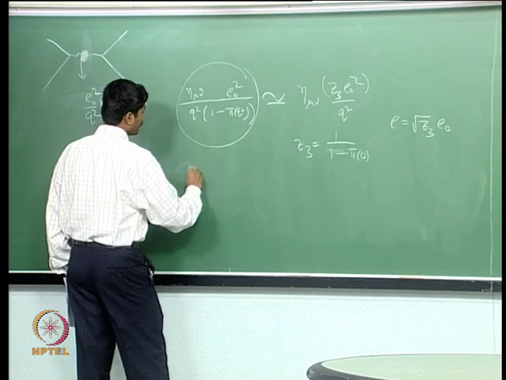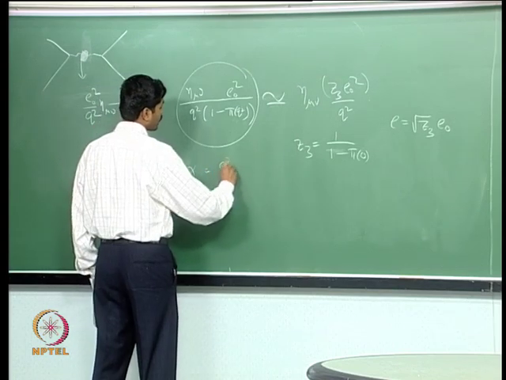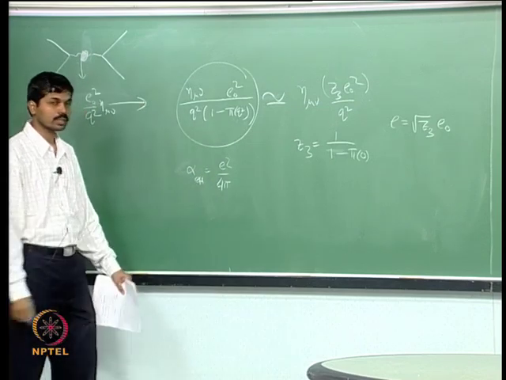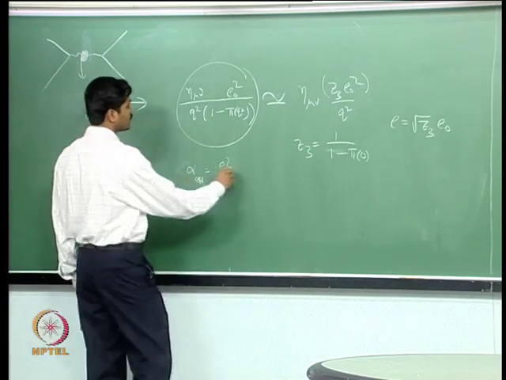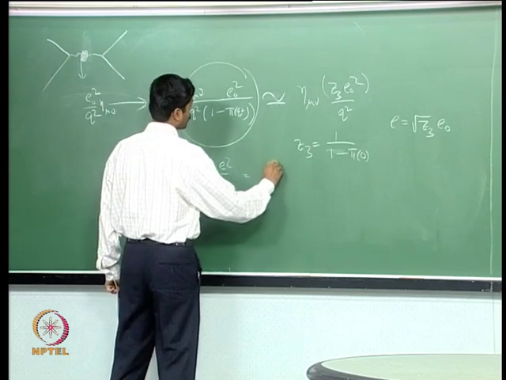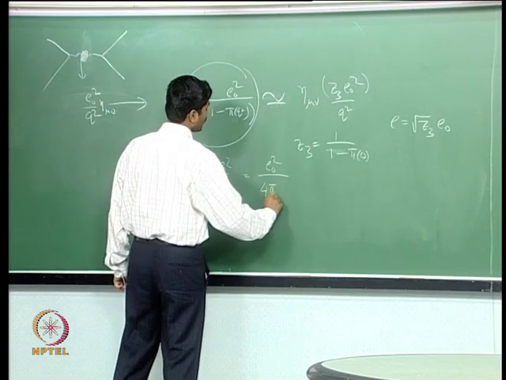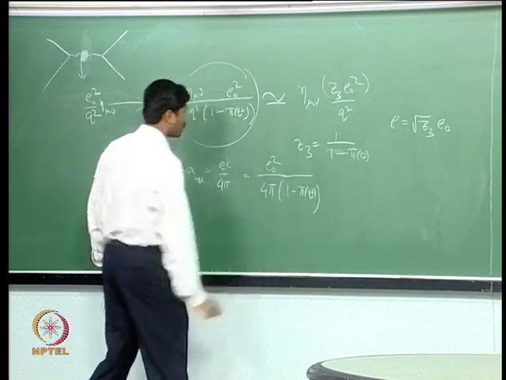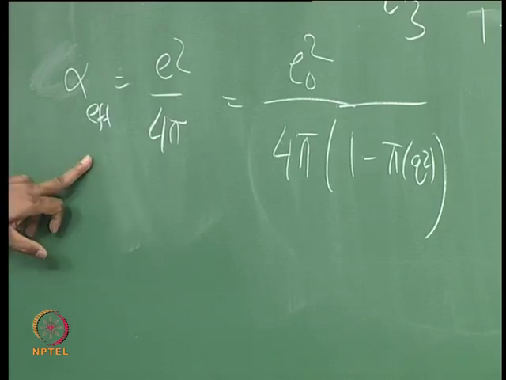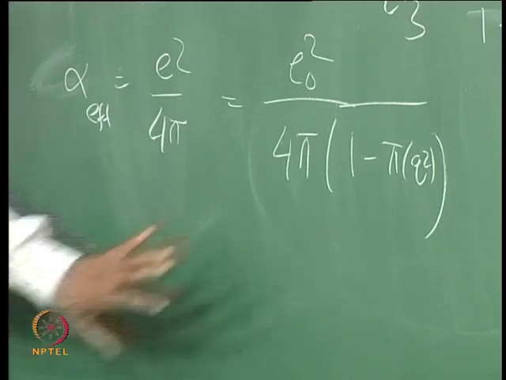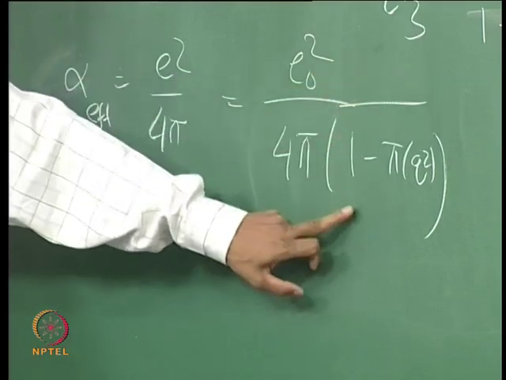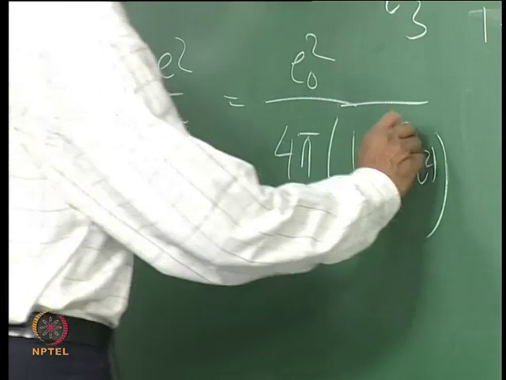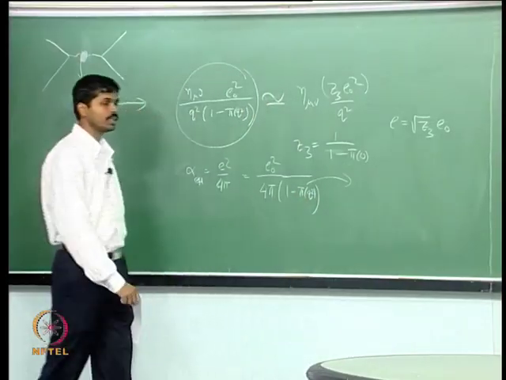If I denote alpha equal to e squared divided by 4 pi, then the effective fine structure constant is given by e0 squared divided by 4 pi times 1 minus pi of q squared, and the effective fine structure constant depends on q squared. This pi of q squared contains the information about all the quantum corrections.